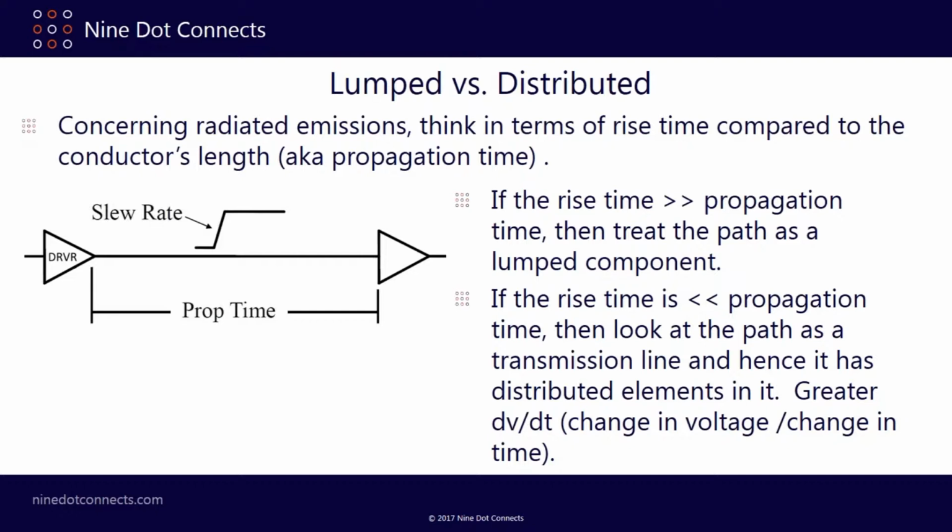And the key here is if you look at a transmission line in this situation, the greater the dV/dt, that is the change in voltage for a change in time, means that this node can be a greater voltage than this node because the slew rate is so fast. That creates problems.